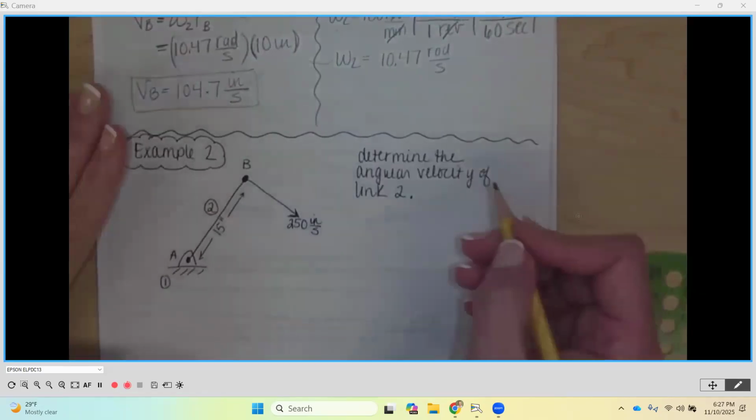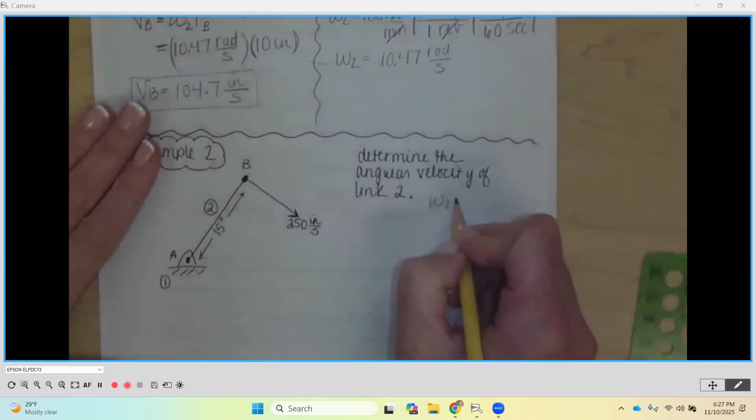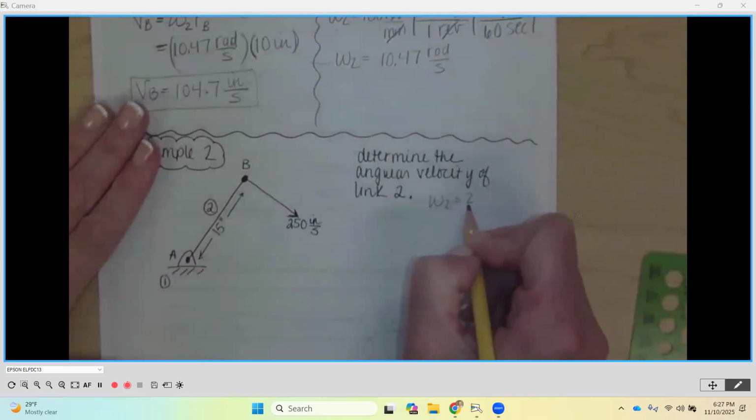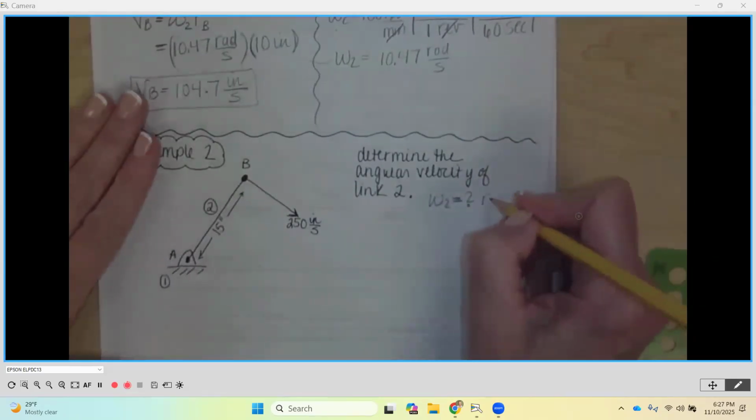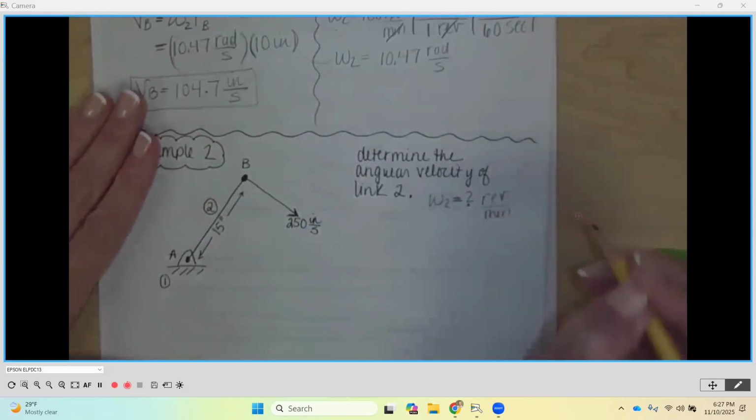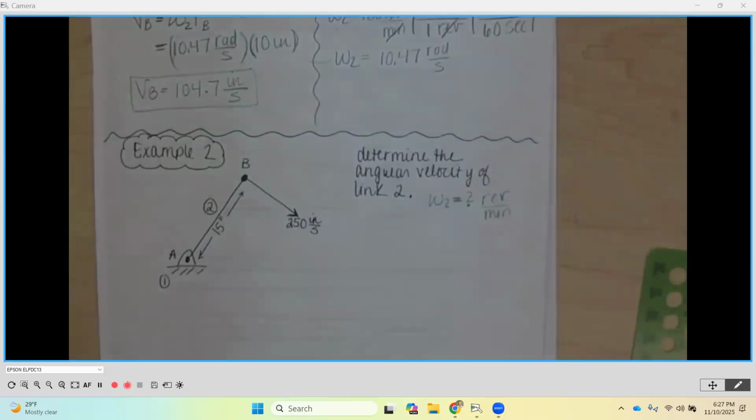That means we want to find W2, and we need to find it in revolutions per minute, or RPMs.